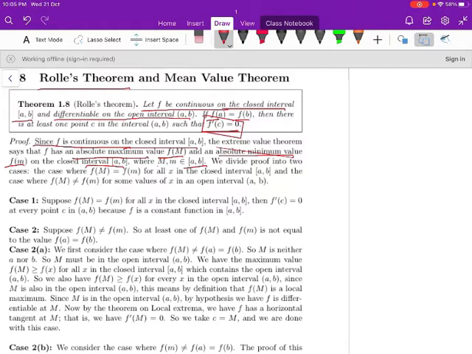So according to the extreme value theorem, if the function is continuous, the function f has both a maximum value as well as a minimum value.